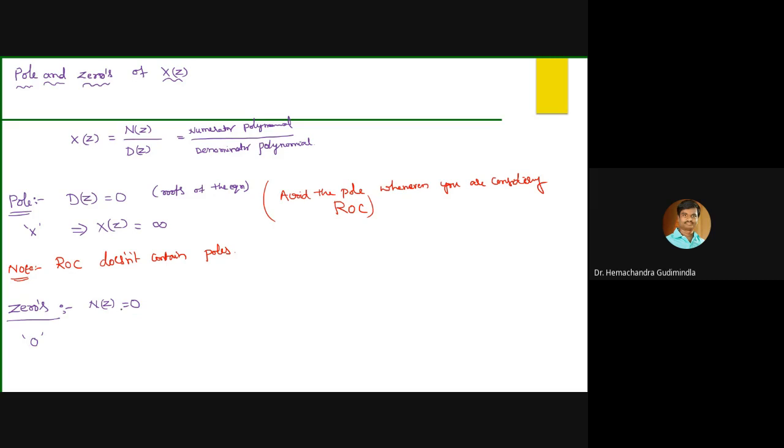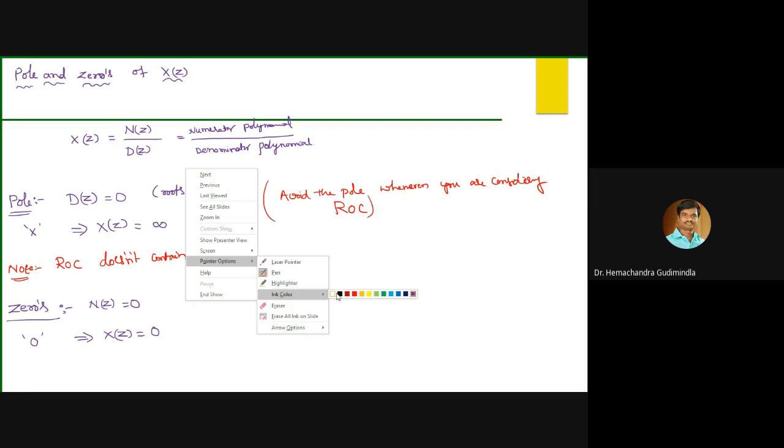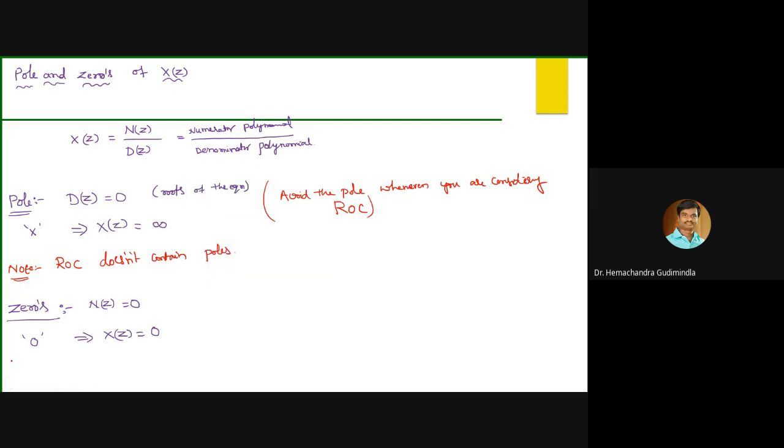So now N of z equal to 0. What will your X of z become? If the numerator polynomial is 0, your X of z will become 0. That means you can write one note here: ROC may contain zeros, because X of z should be less than infinity.